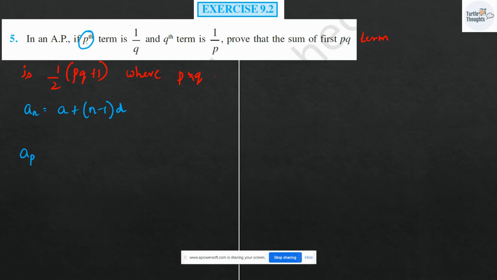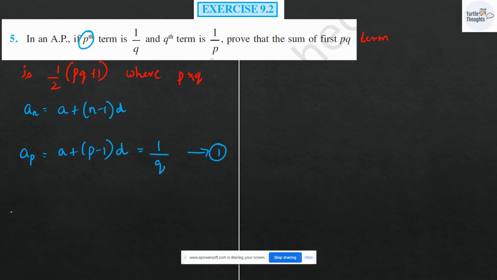So, what will be pth term? Pth term is going to be ap will be equal to A plus, here n was there, so here also n is coming, so I should be writing p minus 1 into D. This is equal to what? 1 by Q. 1 divided by Q. This I will be taking as equation number 1.